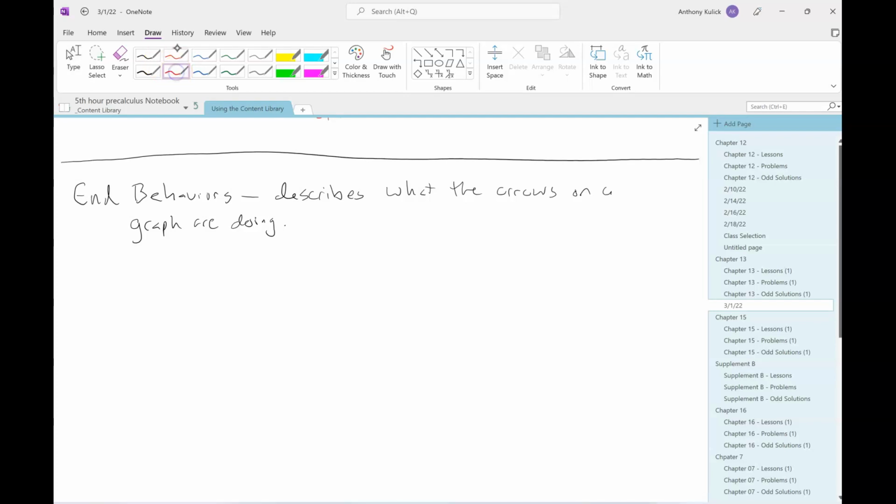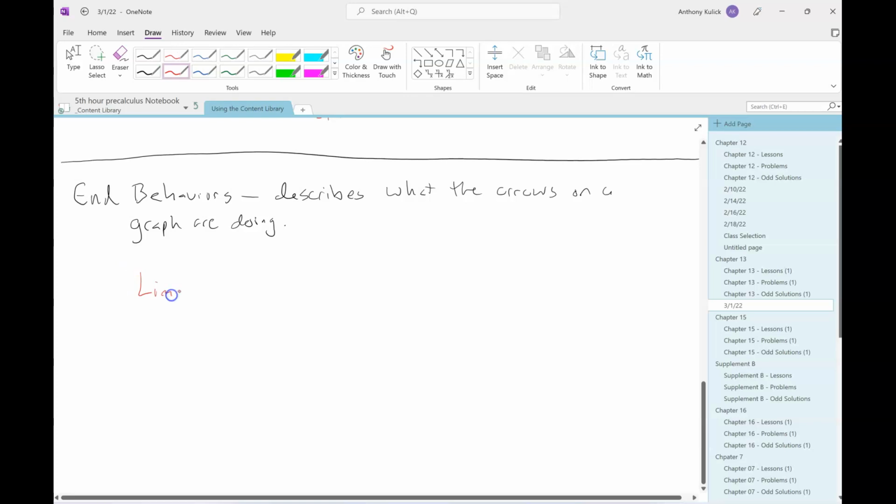And we talked about end behaviors last year in your Algebra 2 class. You might remember the phrase or even remember how to do it. We're going to extend this idea a little bit here and get a little bit more technical in the way that we're describing an end behavior. So we're going to be using something called limit notation.